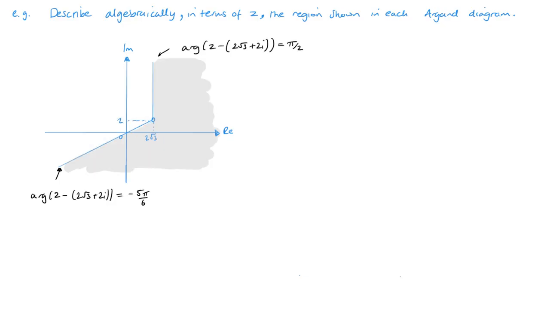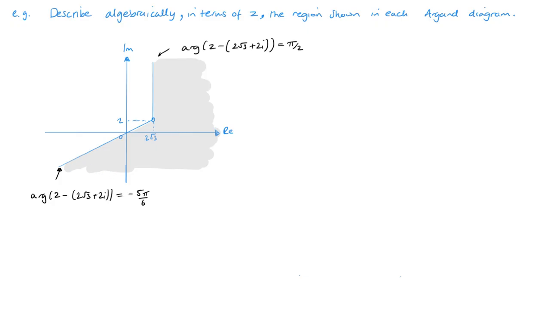Now, what happens if the shaded region is the other side? So in the last example, the shaded region was this side. This is exactly the same otherwise in terms of our two half lines, but the shading is this side.